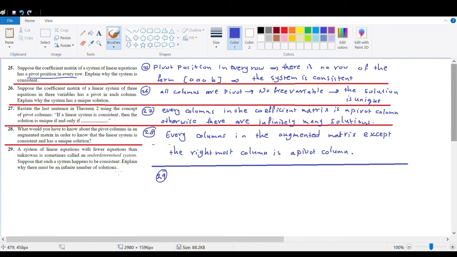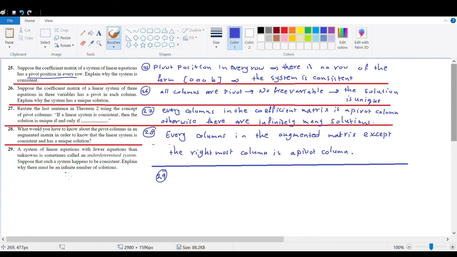Explain why there must be an infinite number of solutions. So we have fewer equations than unknowns. We call this an underdetermined system. Suppose our system is consistent. We need to explain why there must be an infinite number of solutions, why we don't have a unique solution.